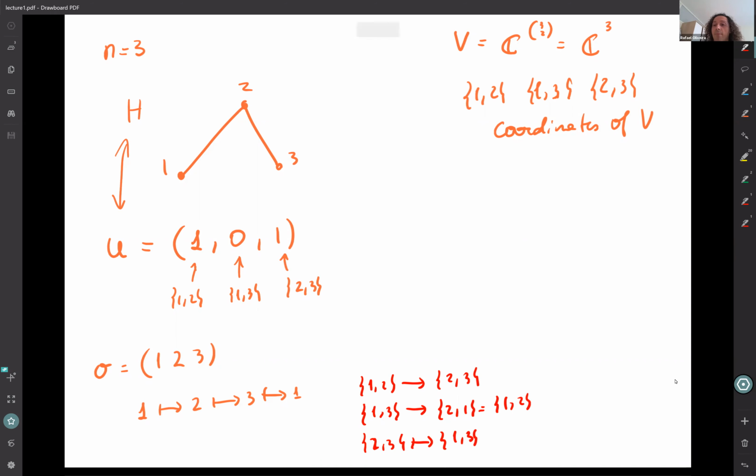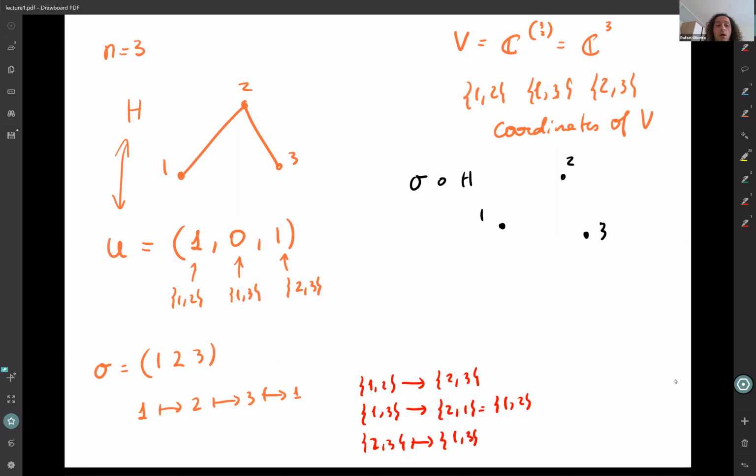Okay, and now what happens? If sigma acts on H, it takes H to what? Let's write the graph here: 1, 2, 3. We just permuted the vertices.